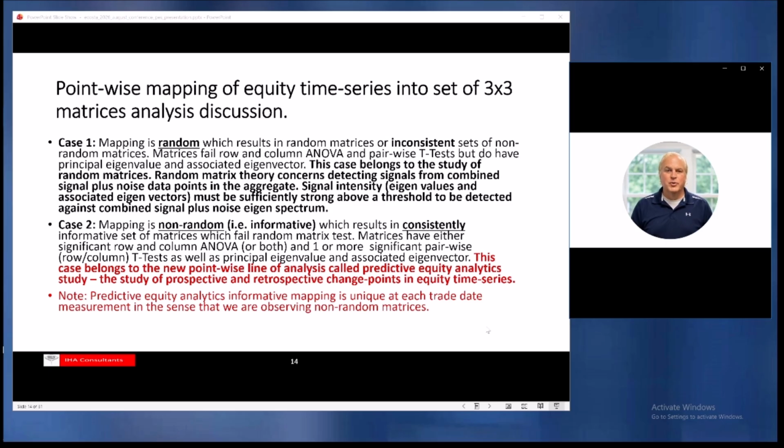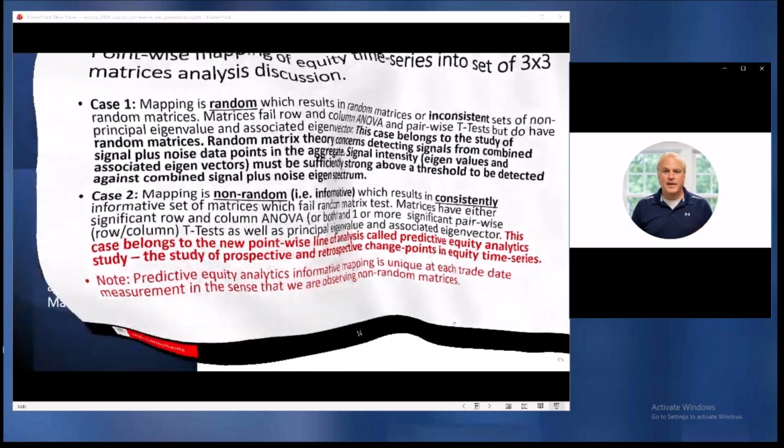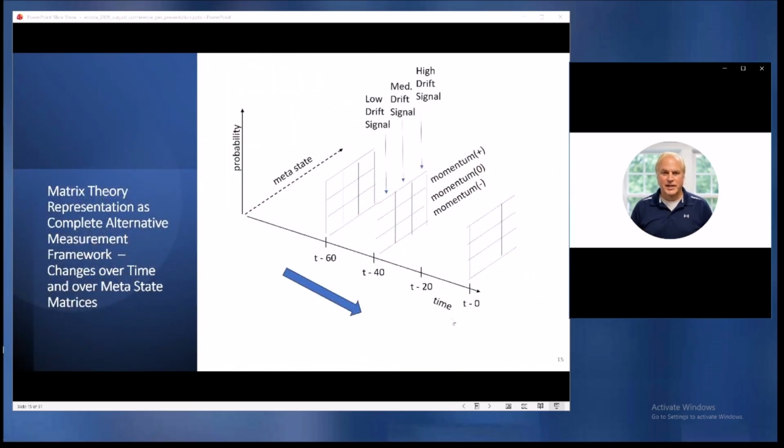Since only distributional analysis is to be used, we perform similar analysis from the last slide for the following time points: t minus 60, t minus 40, t minus 20, and t minus 10. From this information, we know the metastate effect, holding time constant at t equals 0. We want to calculate the effect due to time change, holding metastate constant.